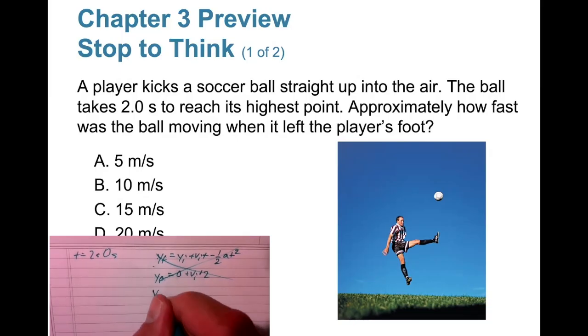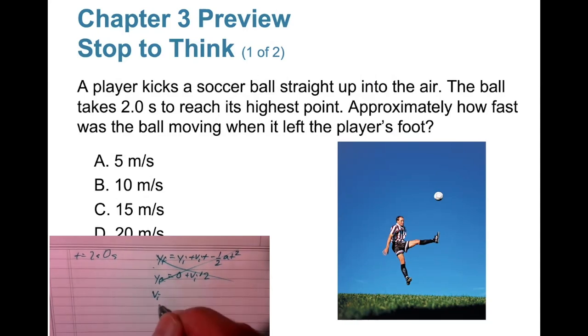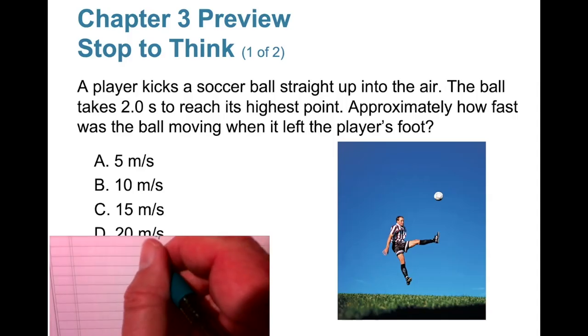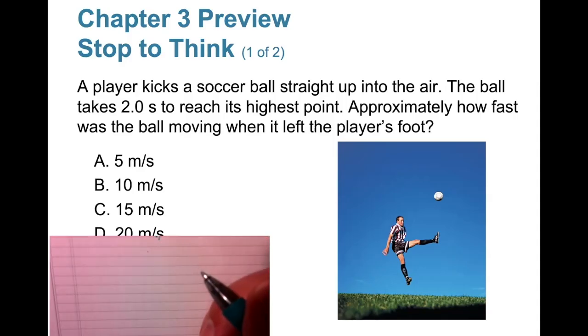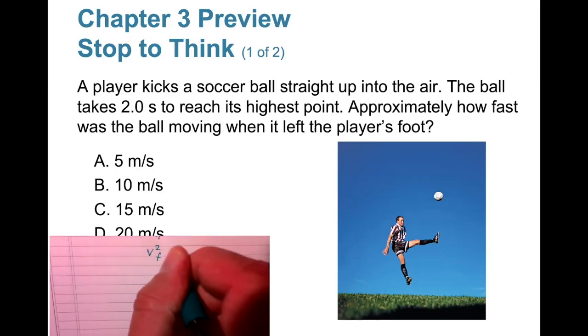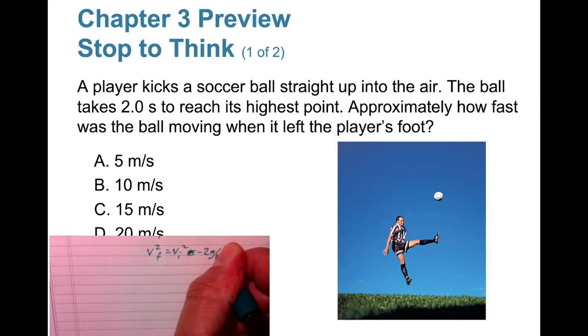Maybe I'm just going to ignore the time. No, because I can't use that one. That doesn't give me time either. What could I do? Well, we're going to have to use multiple equations. There's v squared f equals vi squared, plus or minus 2g times delta x.